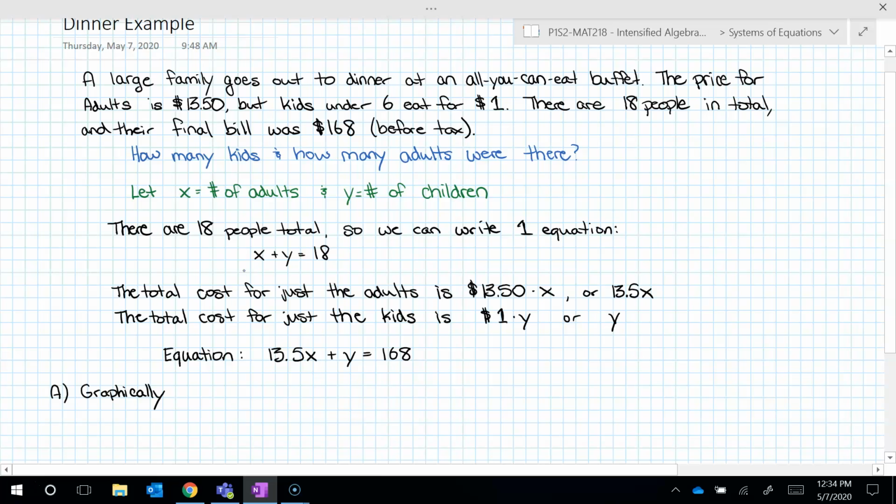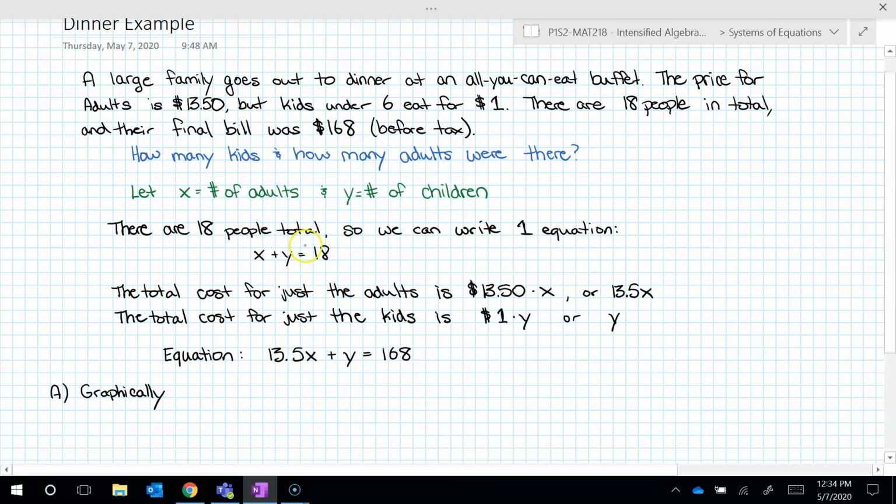The second equation that I can write, because there could be maybe 11 adults and 7 kids, or 10 adults and 8 kids, or 15 and 3. There's a bunch of different ways to add up to 18, but if it was, let's say, 10 and 8, 10 times 13.50 would be 135, plus 8 for the $1 would only be 143, but we know that there was $168 in total for their bill.